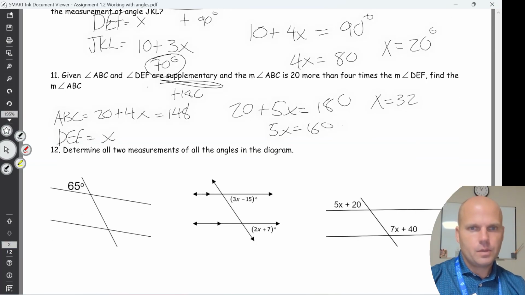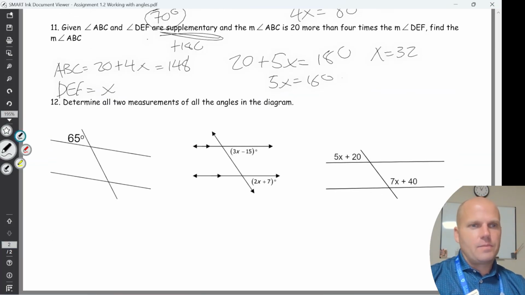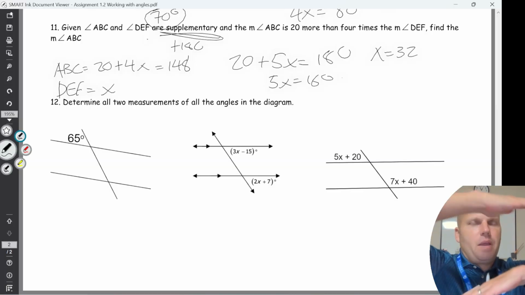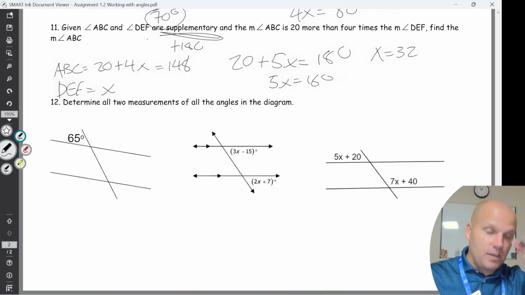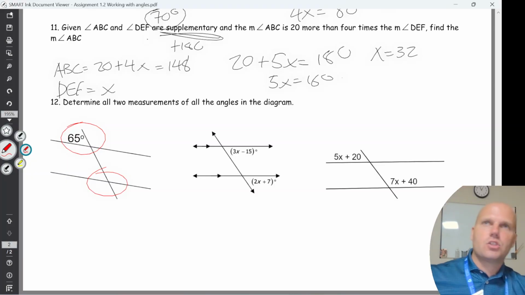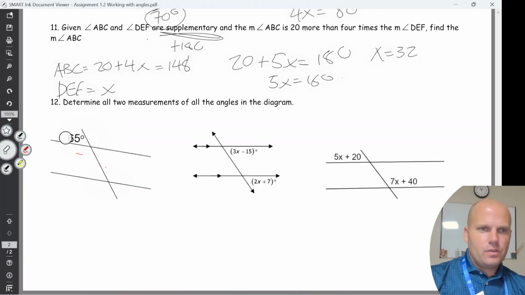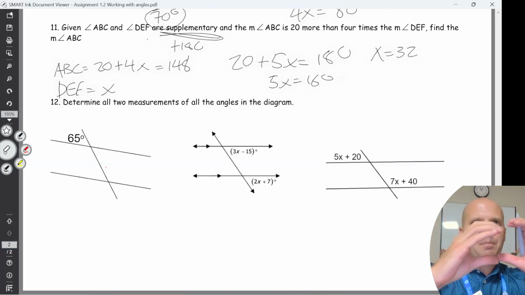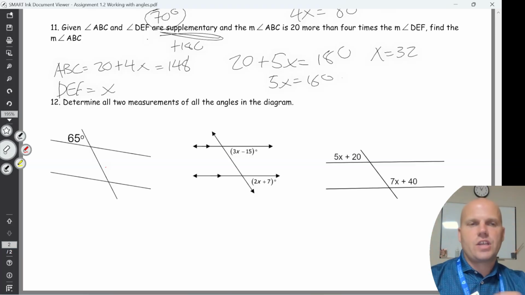Okay. We have some diagrams. This is where we introduce the concept of parallel lines cut by a different line, a transversal. The idea is that we have the same situation as our line cuts through our parallel lines. We have essentially a little copy of these intersections.